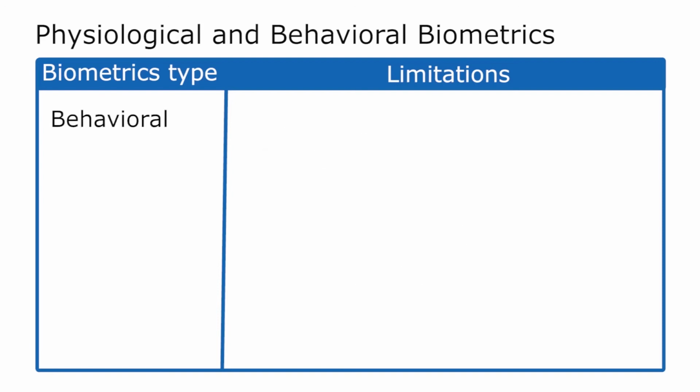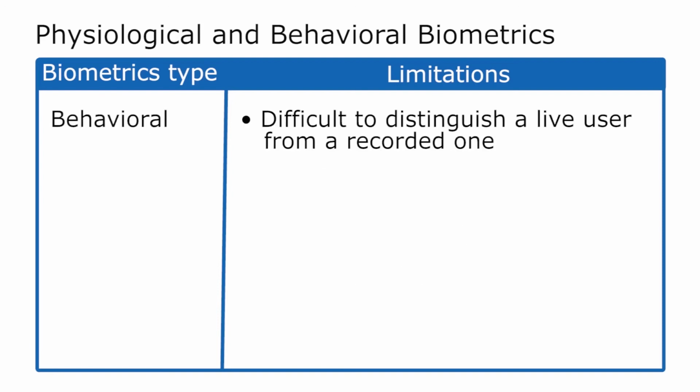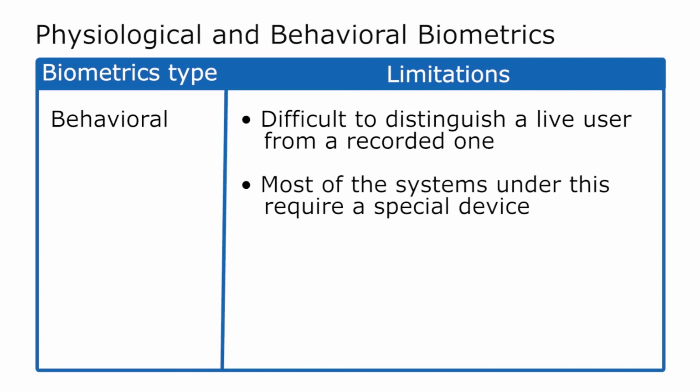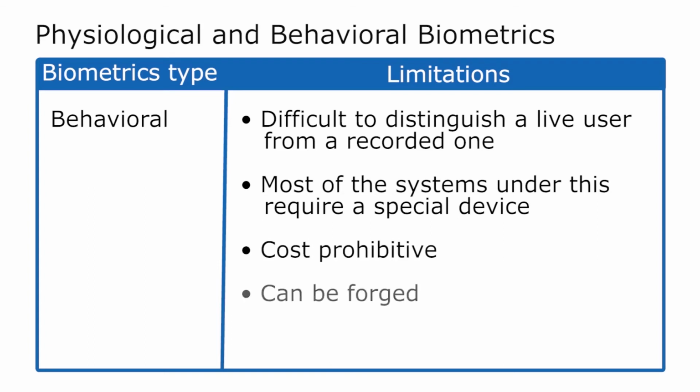Whereas with behavioral biometrics, it is difficult to distinguish a live user from a recorded person. Most of the systems under this require a special device, and it is cost prohibitive, and it can be forged also.